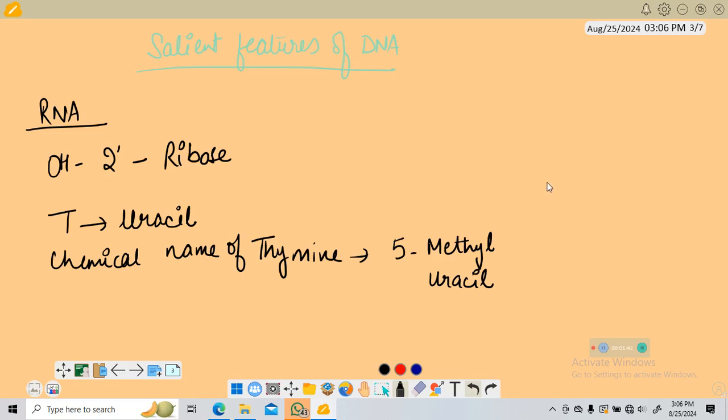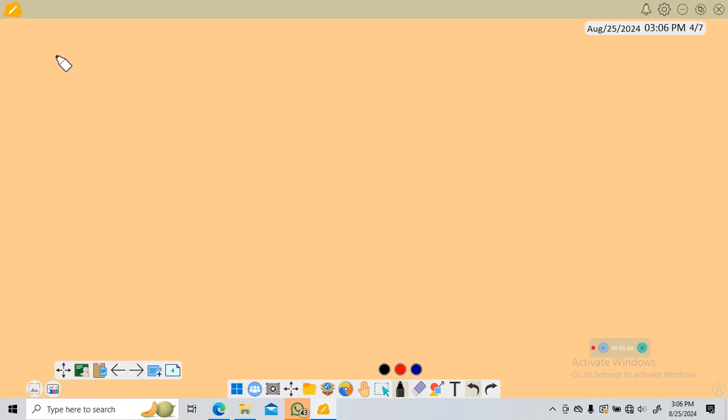Then coming to DNA. DNA was first identified by Friedrich Miescher.